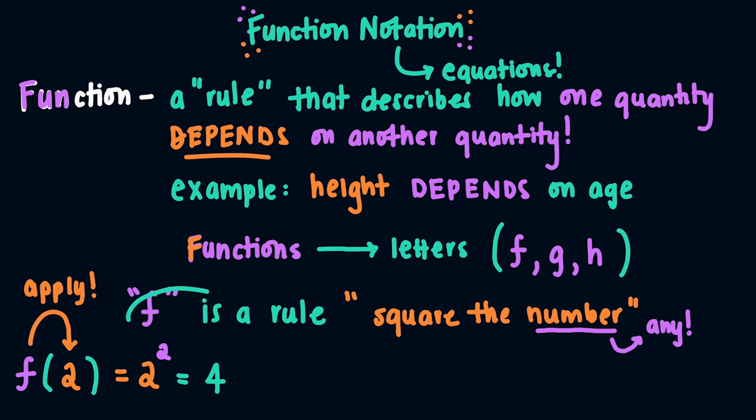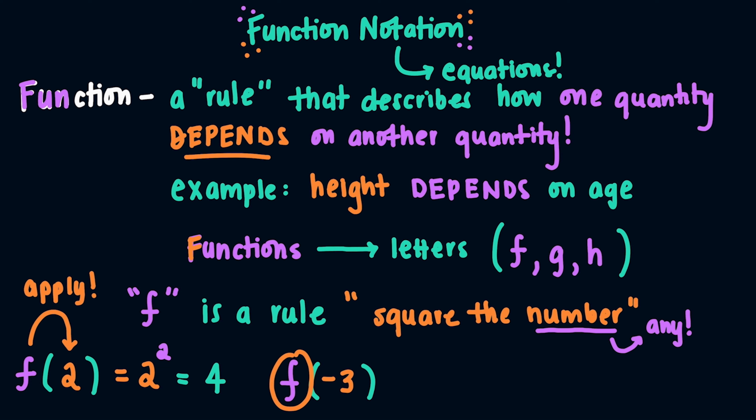Let's do the same rule again. I'm going to take my function, f, that's the rule, and I want to apply it to another number. You tell me. Did you say -3? If you did, cool, right? If not, try out yours. Let's see. Now, keep in mind that this is not multiplication.